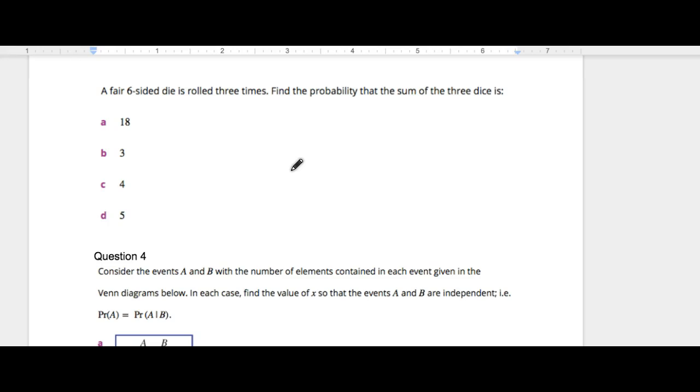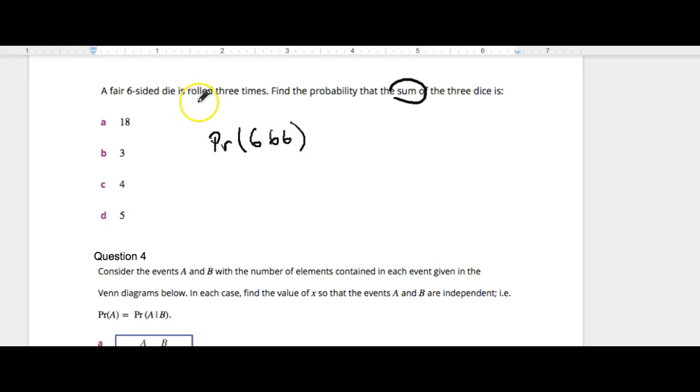It is completely independent. So if we've got a 6-sided die, the probability of getting a sum of 18, rolling it 3 times. Now there is only one option for that, and that's to get 6, 6, and 6.